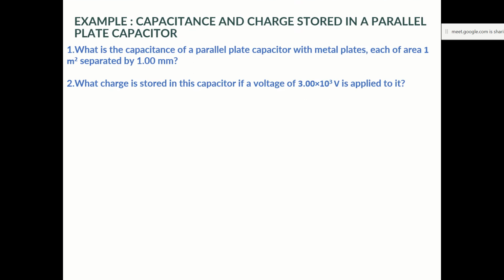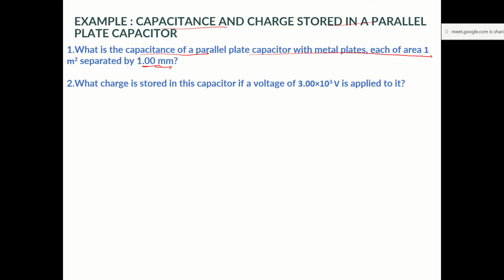So just a simple calculation, and you will learn something. To understand capacitance and stored charges, take a parallel plate capacitor with an area of 1 meter square and a separation of 1 millimeter.